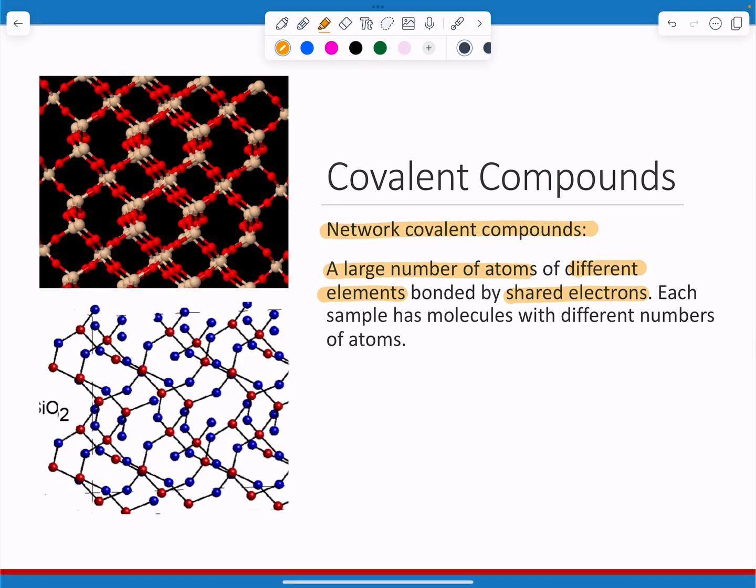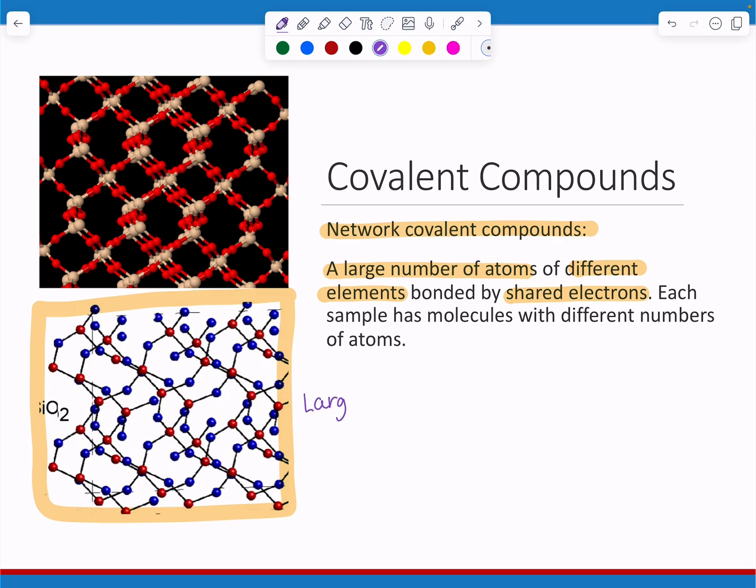However, we get much larger extended structures, and this is an example right here. This one is showing, the label got cut off, it's silicon dioxide, also known as sand, right? So we have large extended networks instead of individually bonded things, like the water molecule.